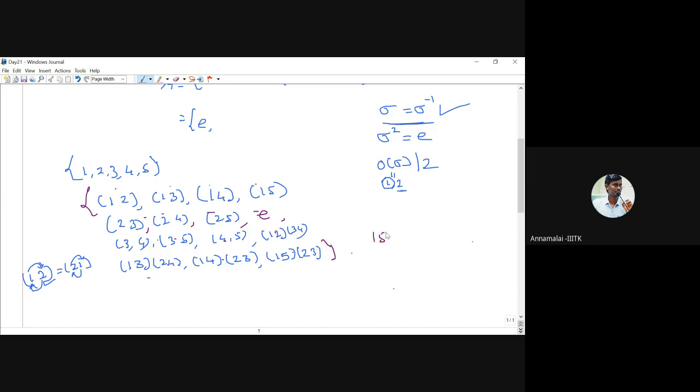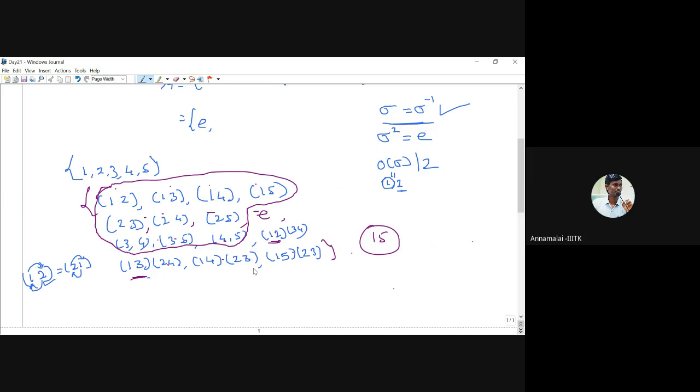Now, is anything repeated? Up to this is not a problem. If you take a single transposition, everything is different. Up to this collection is not a problem. Now look at the remaining ones. Again, these are all different, right? Because here 1 maps to 2, but this one does not map 1 that way. So I think all are different.